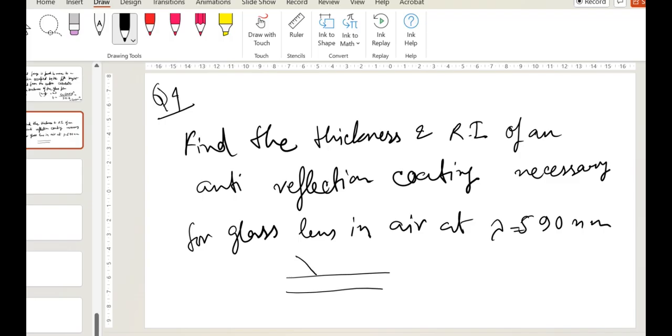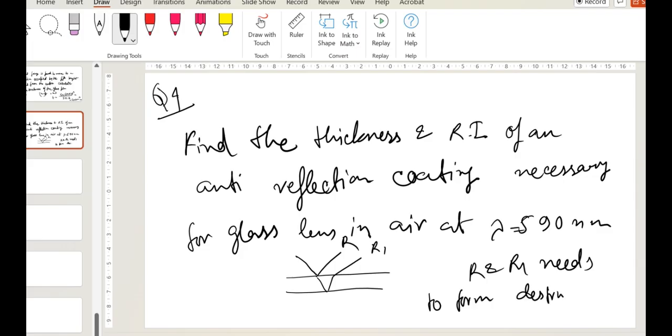Here we need the reflected lights R and R1 to form destructive interference, so there is no reflection.